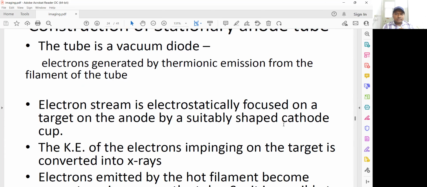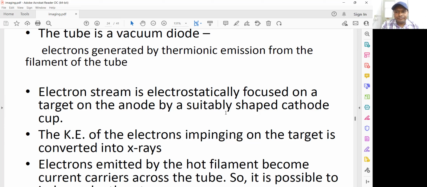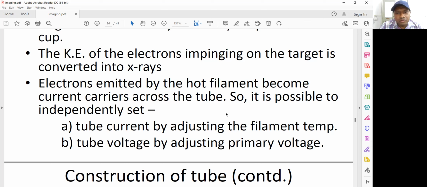The kinetic energy of the electrons impinging on the target is converted into X-rays, and the electrons emitted by the hot filament become the current carrier across the tube. We know that the conventional current I flows opposite to the direction of electron flow.